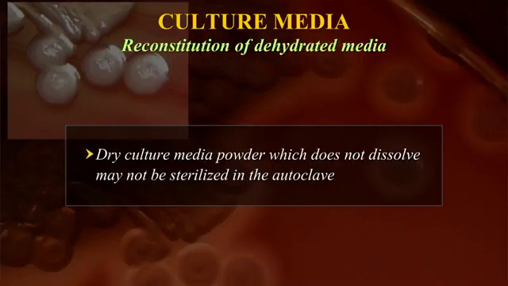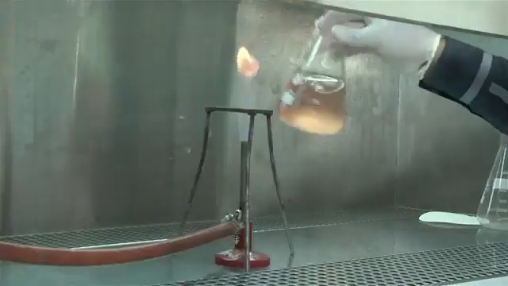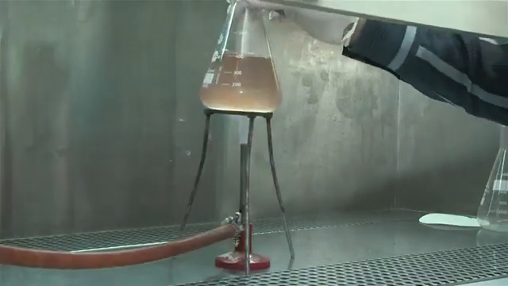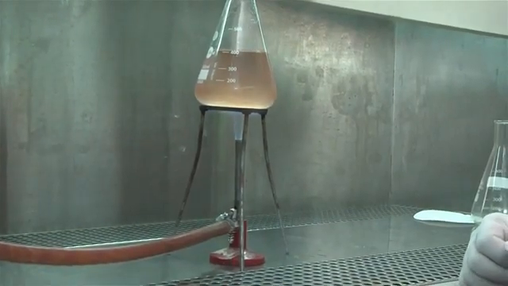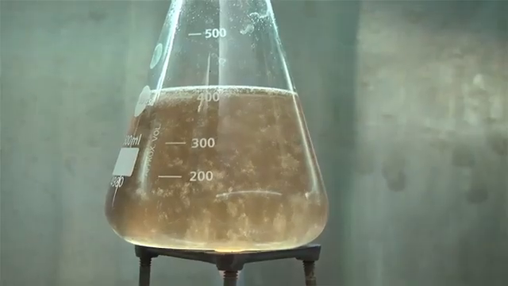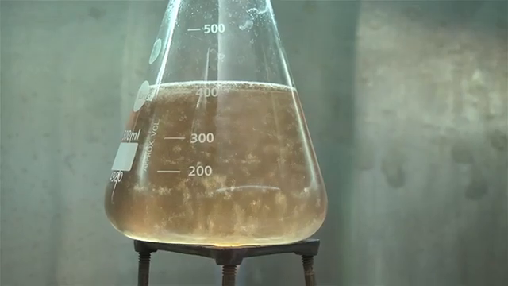This is important as dry culture media powder, which does not dissolve, may not be sterilized in the autoclave and can be a source of contamination. Media containing agar should be heated first to completely dissolve the agar before autoclaving. Bring the medium to a boil without burning.